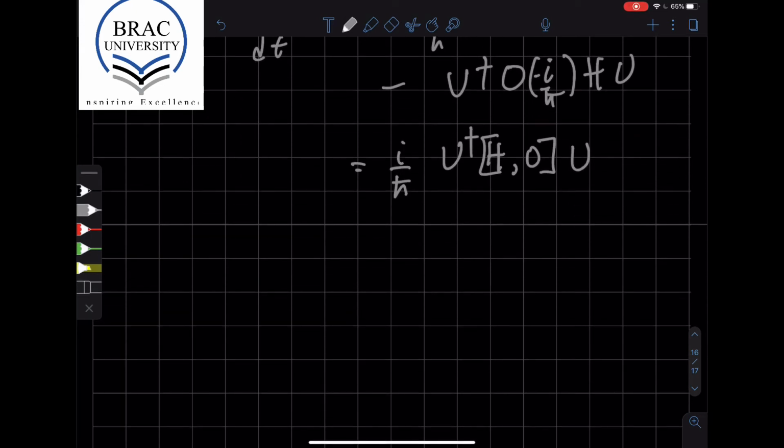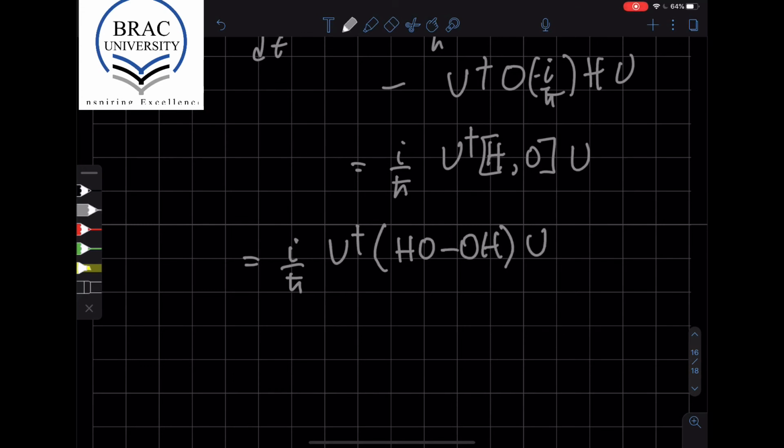But of course, what we can do is write this as i over h bar. And here, let me just do it explicitly. The commutator of H and O is just HO minus OH, times U. So what we can do is write U dagger H times O, but between H and O there's a number 1. So that number 1 can be written as U times U dagger, because U is unitary, U dagger is its inverse.